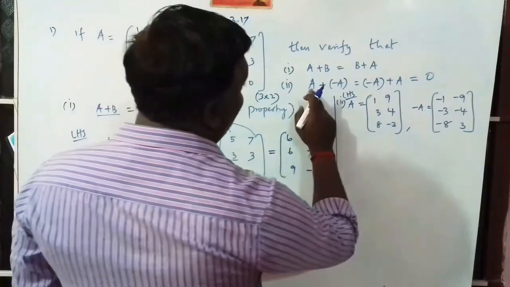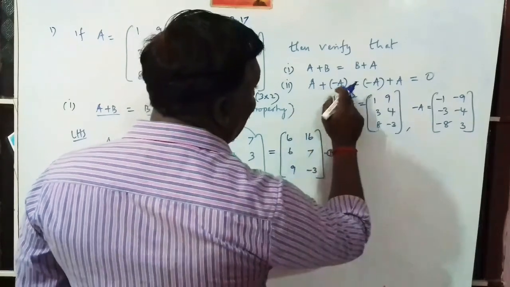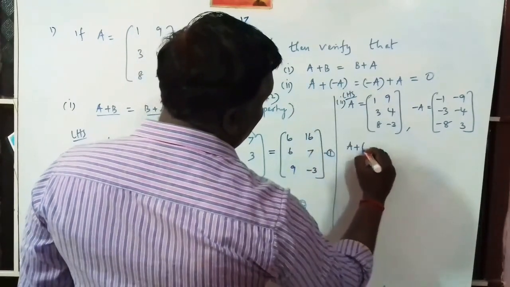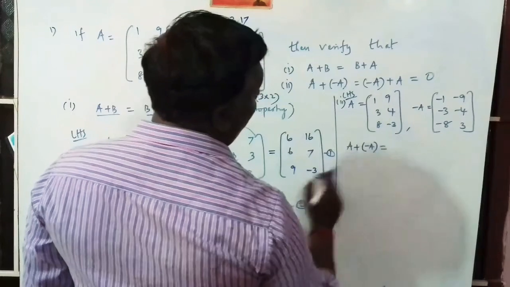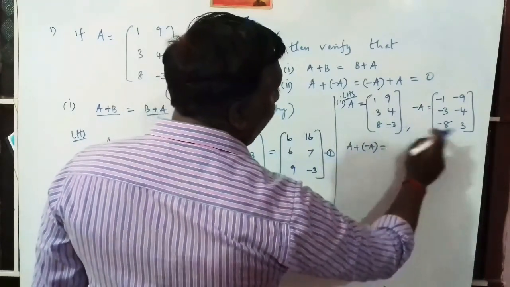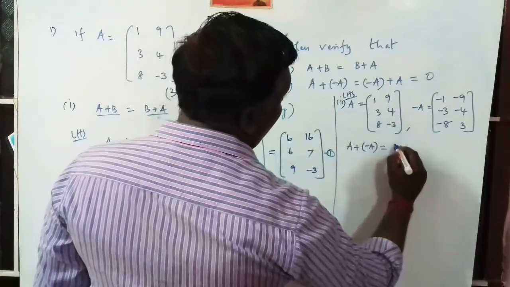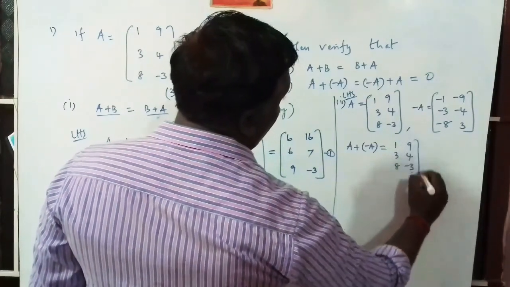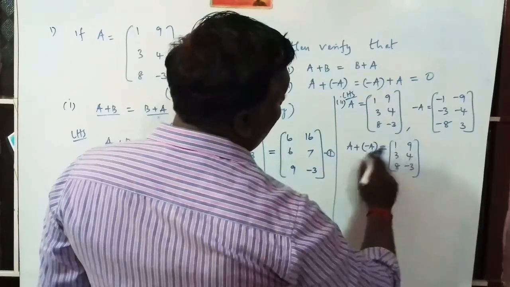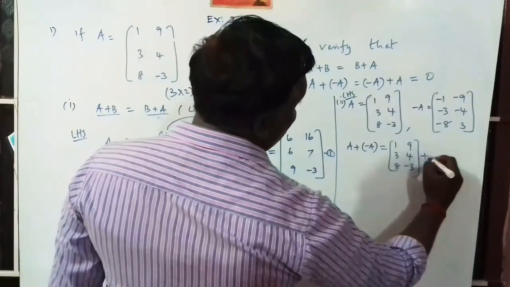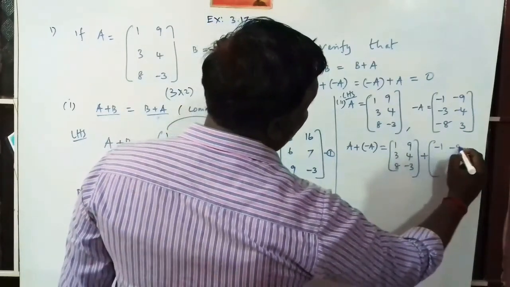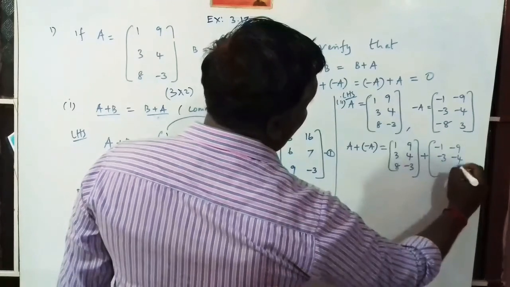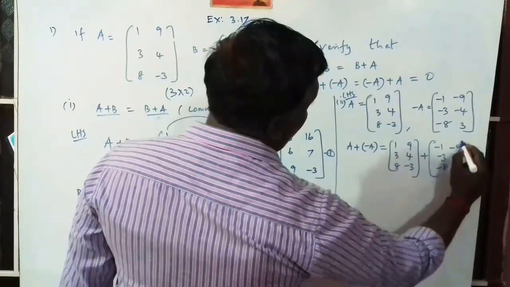Now the left hand side property, A plus minus A, is adding these two matrices. A is 1, 9, 3, 4, 8, minus 3. The inverse of A is minus 1, minus 9, minus 3, minus 4, minus 8, plus 3.